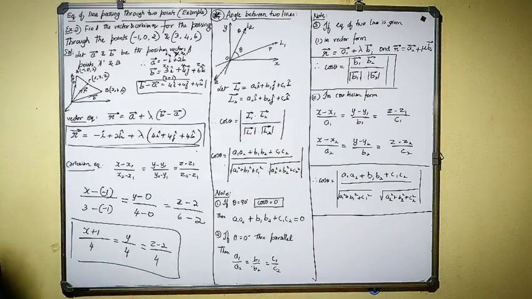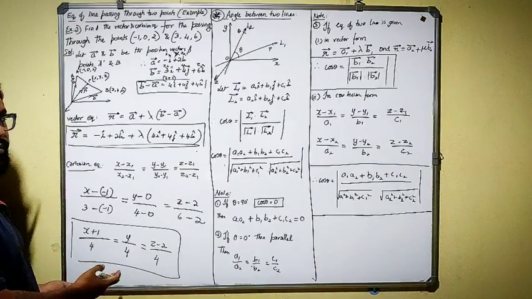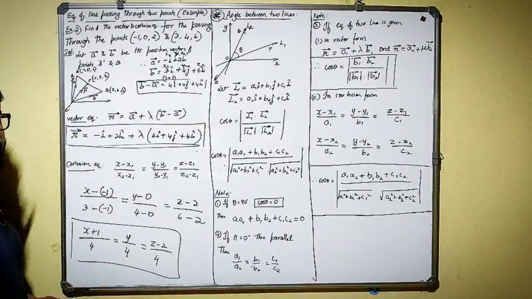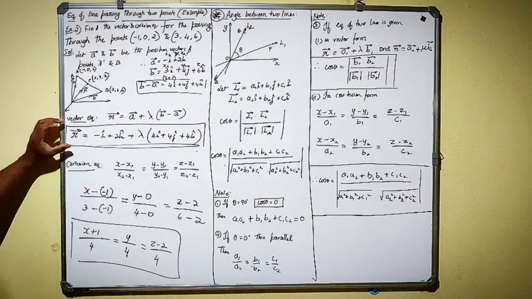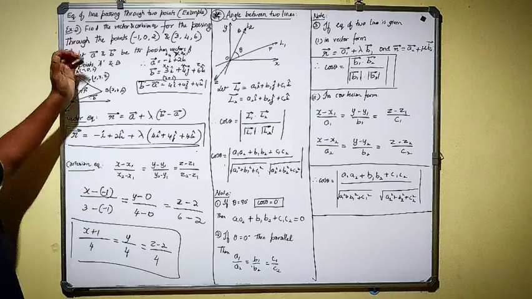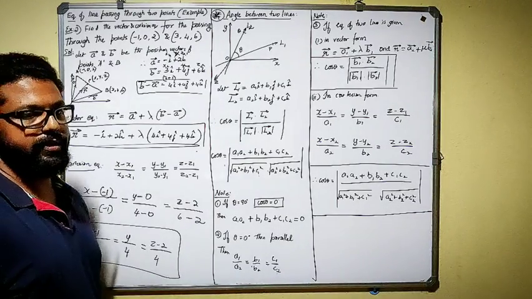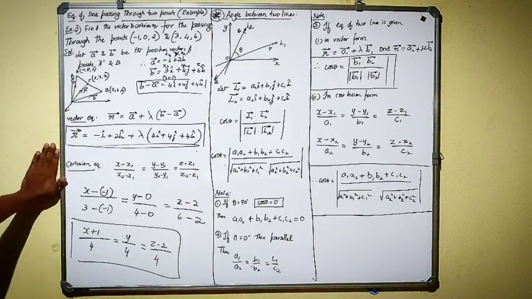We can simplify it further, but our general form of the Cartesian equation is like this. So this is the vector equation and this is the Cartesian equation of the line passing through 2 points.